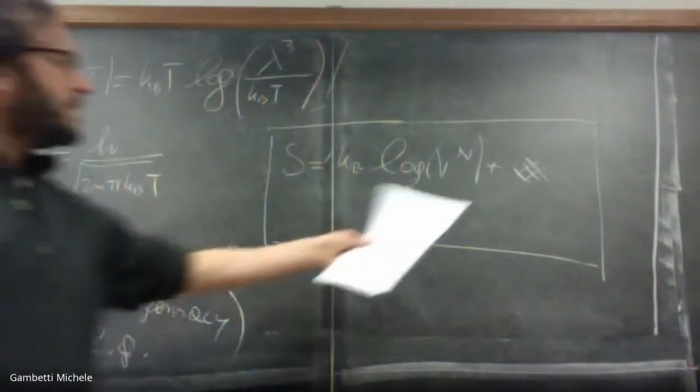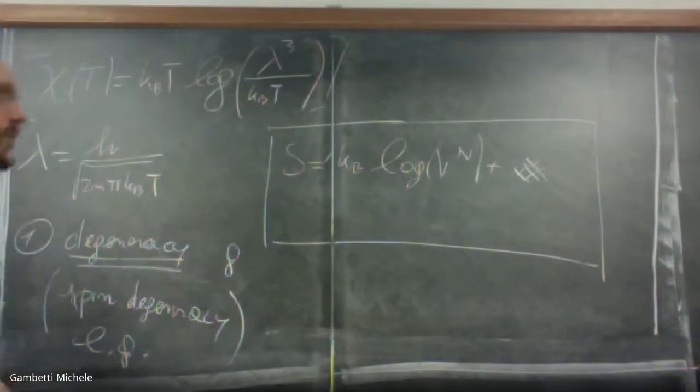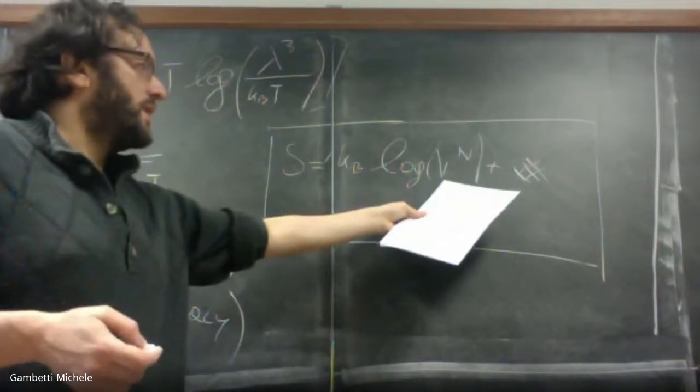And this V to the power of N comes from this multiple integral over the coordinates.